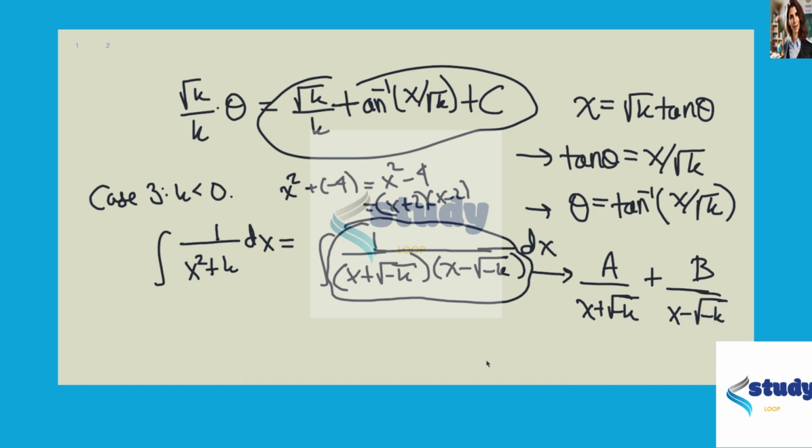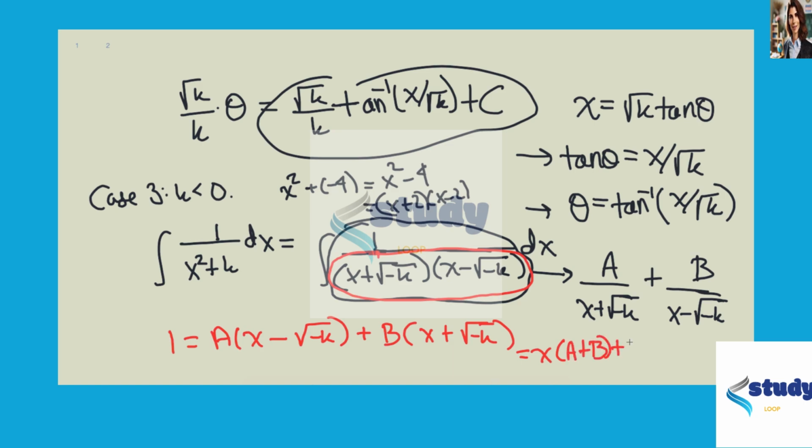So let's go ahead and multiply both sides by this denominator on the left, and you get 1 equals A times x minus radical negative k plus B times x plus radical negative k. And then let's go ahead and pull out x there.